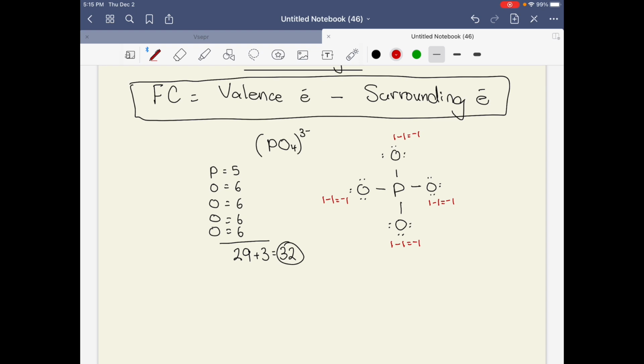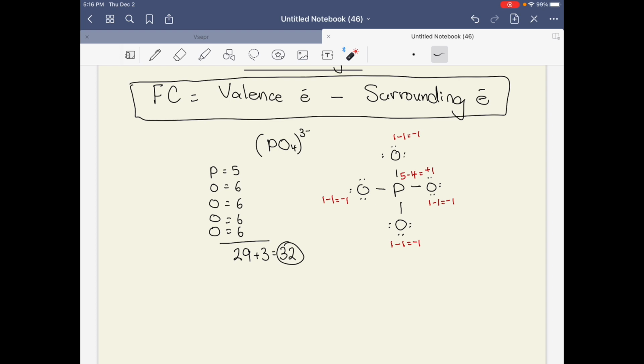Phosphorus has a valence of 5. Right now, surrounding phosphorus is 4. Right? 1, 2, 3, 4. 5 minus 4 is positive 1. So if you sum up all the charges, you will have negative 3. And phosphate is indeed minus 3.